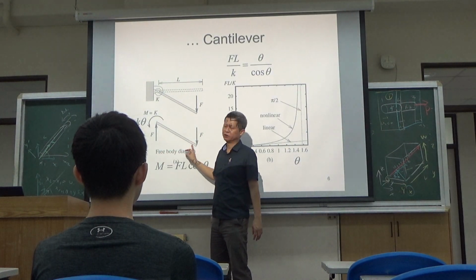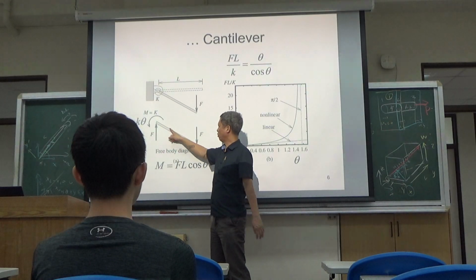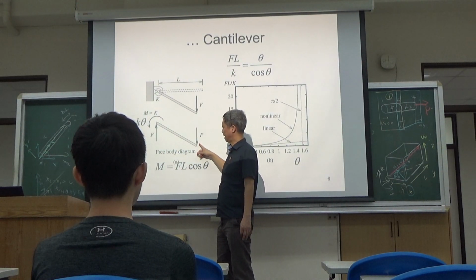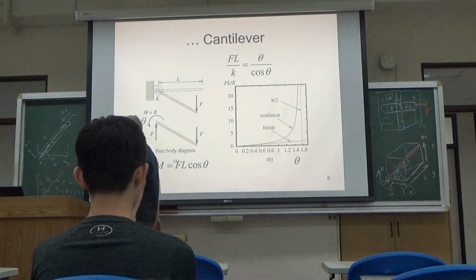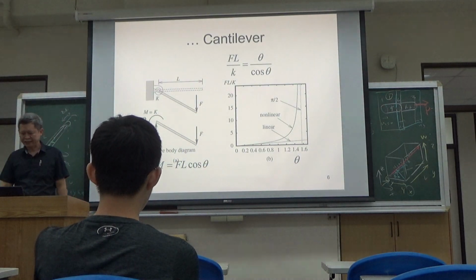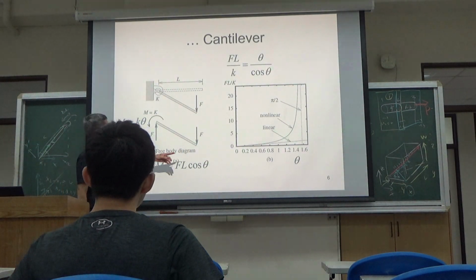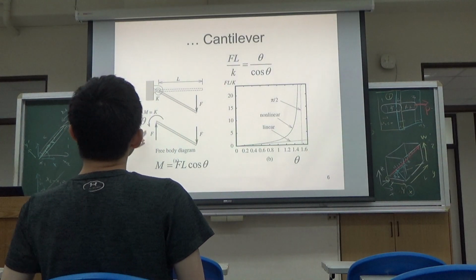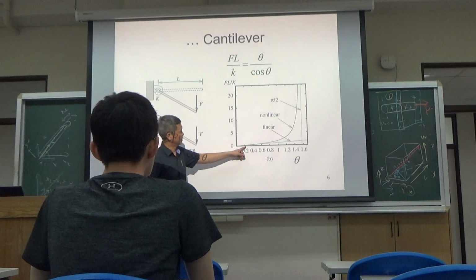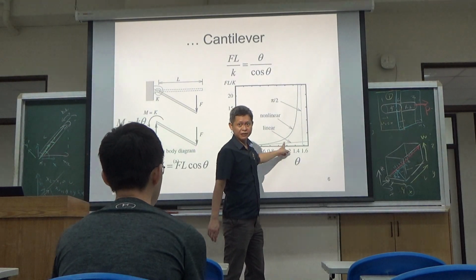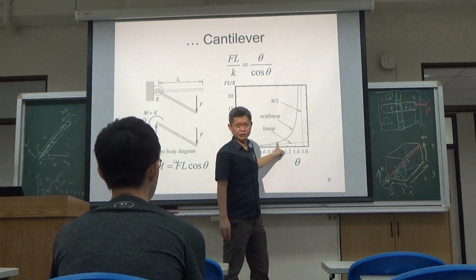The moment arm is the door length times the cosine theta. So if that's the case, the simple assumption that the applied moment FL is k theta is giving you an underestimation of the rotation.